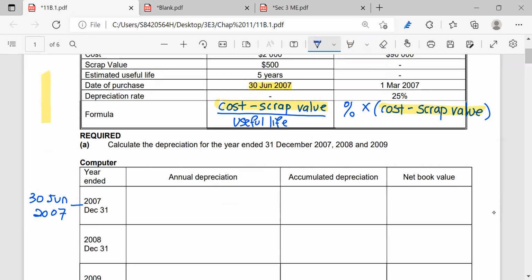All right, so what do you have to do? You just apply your formula, which is cost price 2000 minus scrap value 500, divide by 5 years. For the first year, you have to do prorating, which is times 6 over 12, because you only use it for 6 months.